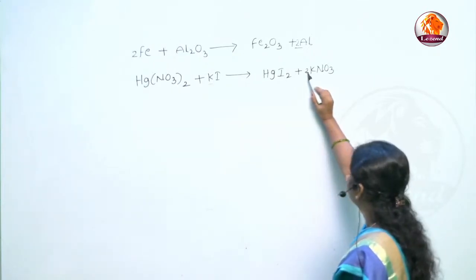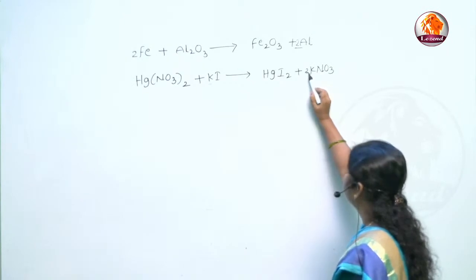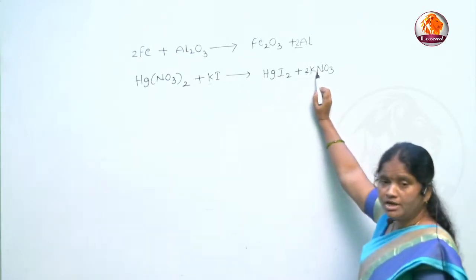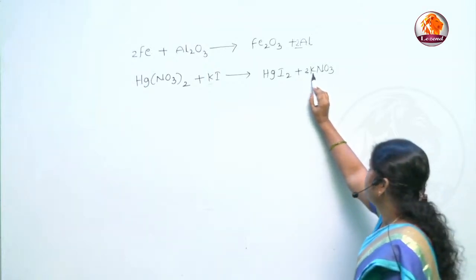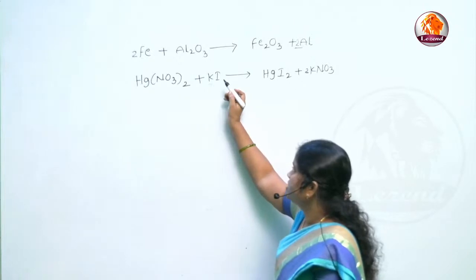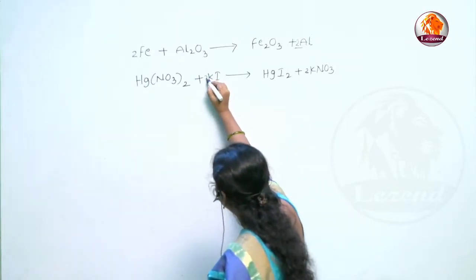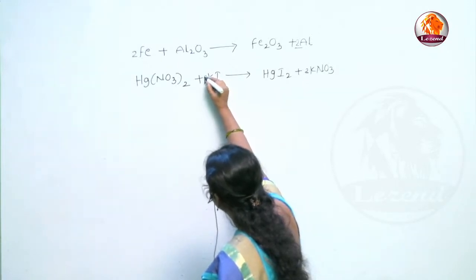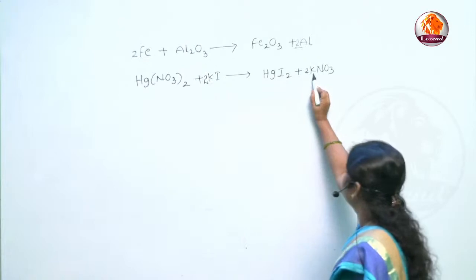This 2 indicates 2 molecules of potassium nitrate: 2 atoms of potassium, 2 atoms of nitrogen, 2 threes are 6 atoms of oxygen. But on the left side we have only 1 atom of potassium. To balance the potassium, I am writing the number 2 here.